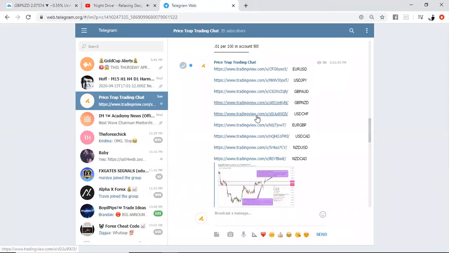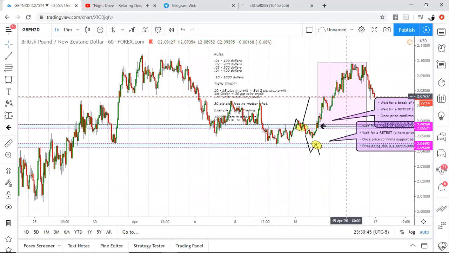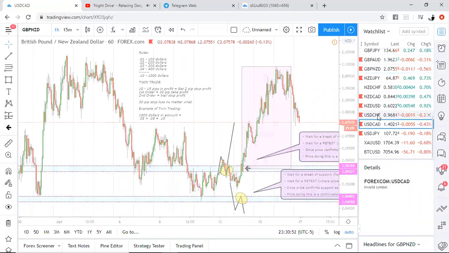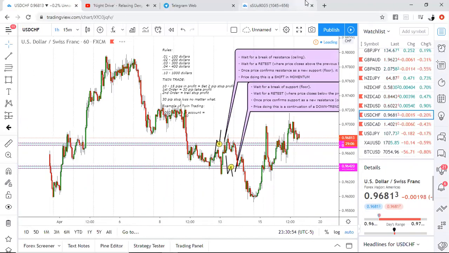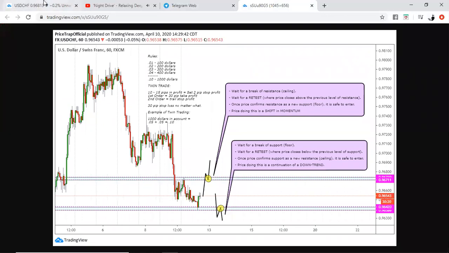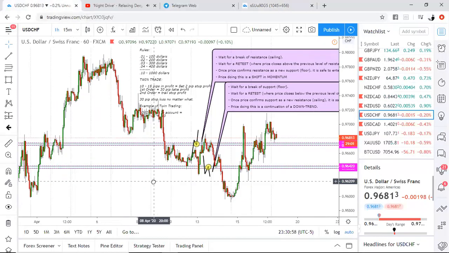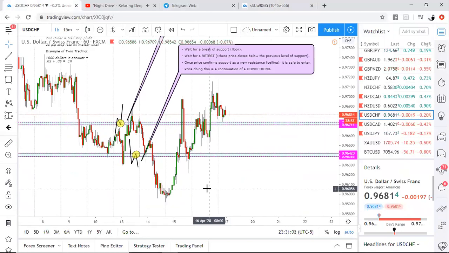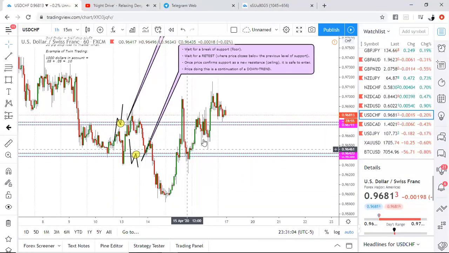Next. So this is what it looked like before. This is what it looks like after. It's kind of a lot of pandemonium, a lot of chaos.